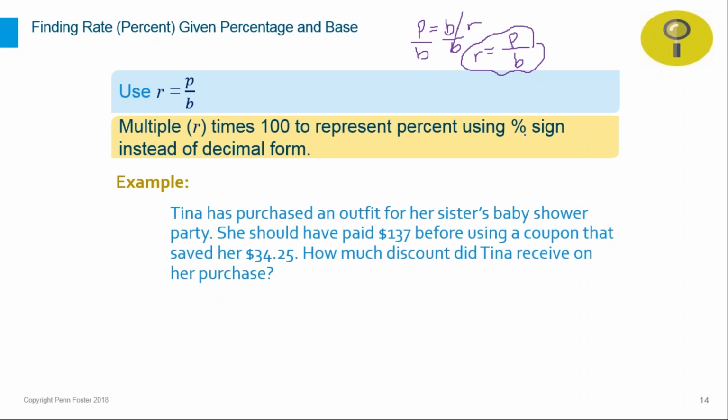Tina has purchased an outfit for her sister's baby shower party. She should have paid $137 before using a coupon that saved her $34.25. How much discount did Tina receive on her purchase? So we know the base.